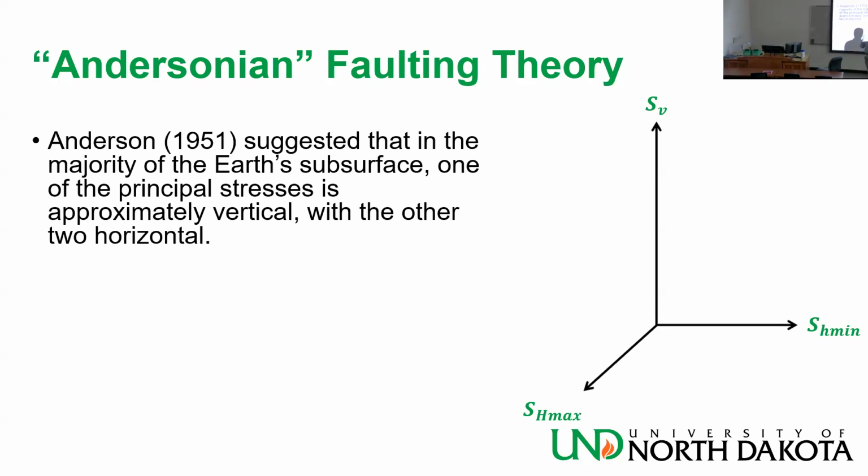And if you tell me the two horizontal are 8,000 and 6,000, automatically I tell you, oh yeah, SH max is 8,000 and Sh min is 6,000. You simplify the problem and it makes a lot more intuitive sense mathematically now.